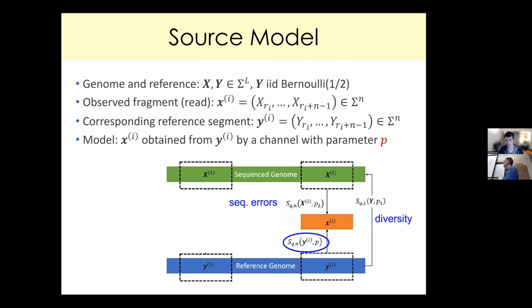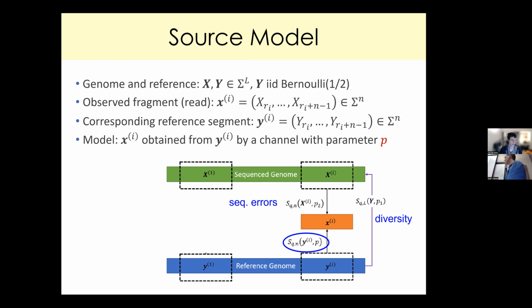Similar means that xi came from yi after going through some channel with parameter p. Think for now about a substitution channel, maybe a symmetric channel with parameter p. So from small y to small x, we have some channel with parameter p.